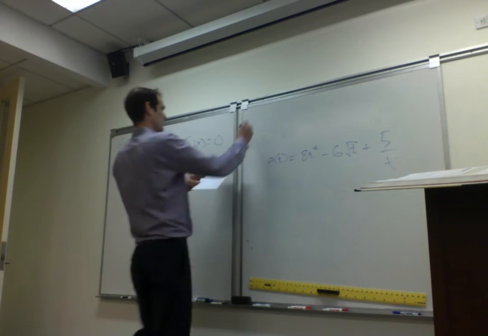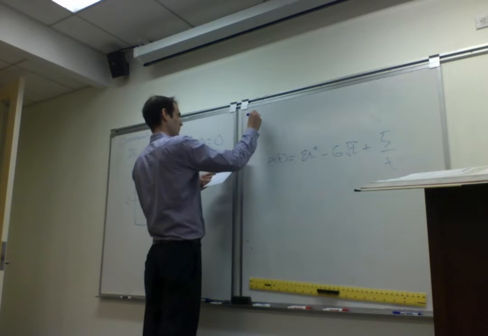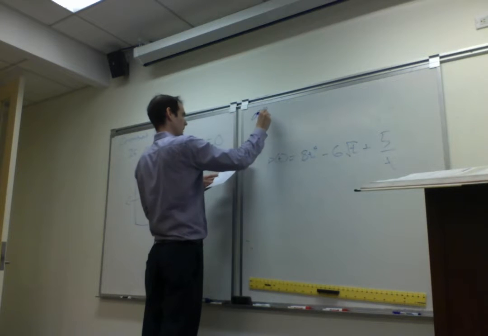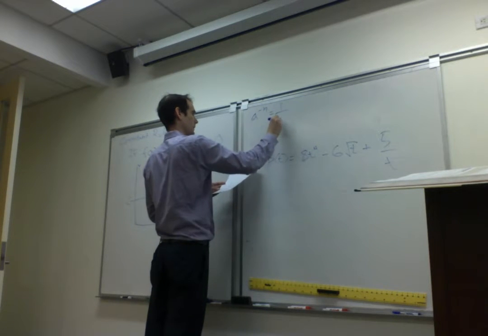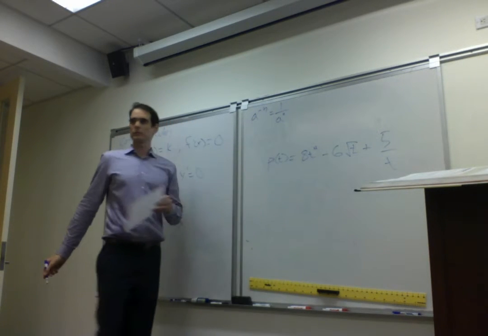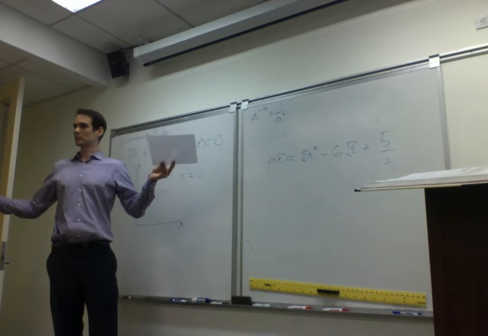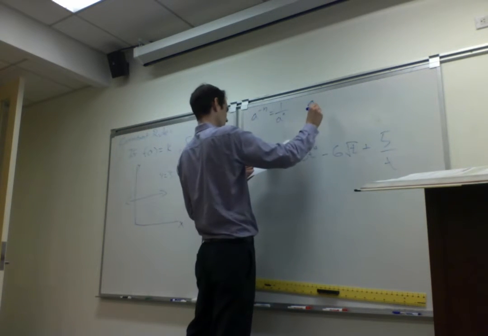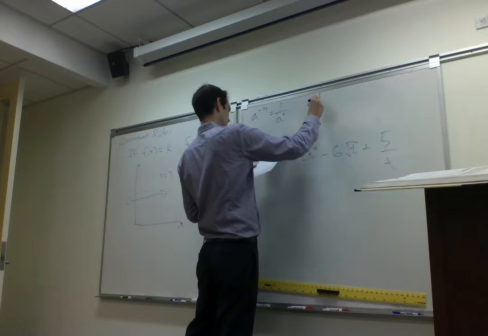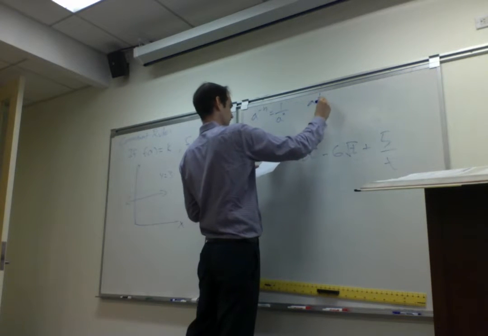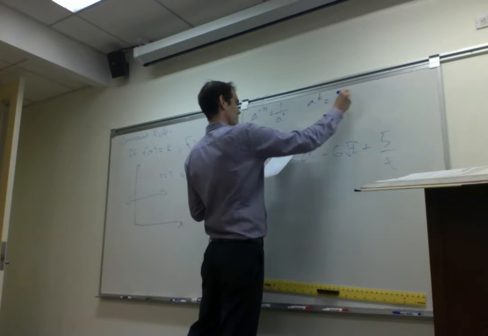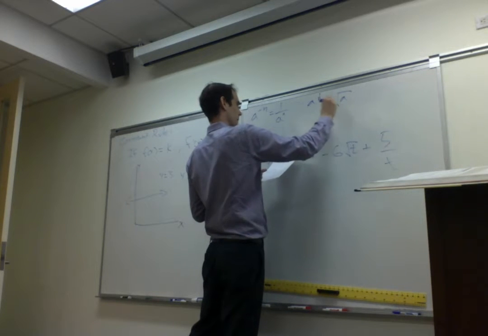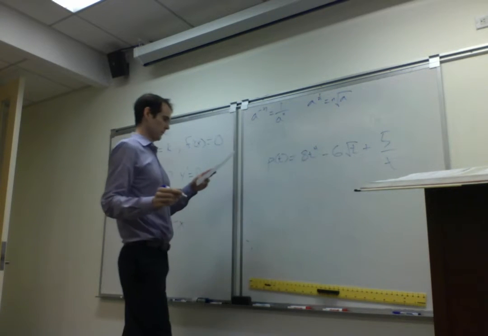We have a to the negative n equals 1 over a to the n. We could write those either way, right? We also have a to the 1 over n equals the nth root of a.